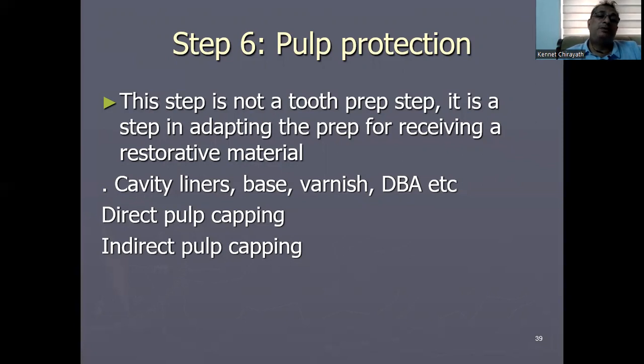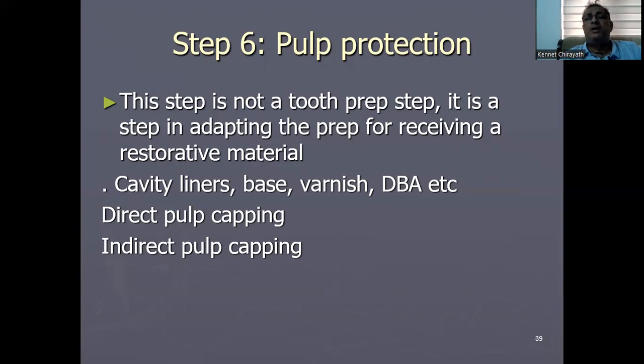Cavity liners: there are three types of liners, that is glass ionomer liner, zinc oxide eugenol liner, and calcium hydroxide liner. All these liners have different properties. Glass ionomer liners are usually given in deep cavities when we are giving a composite restoration, whereas zinc oxide eugenol has an obtundent property.